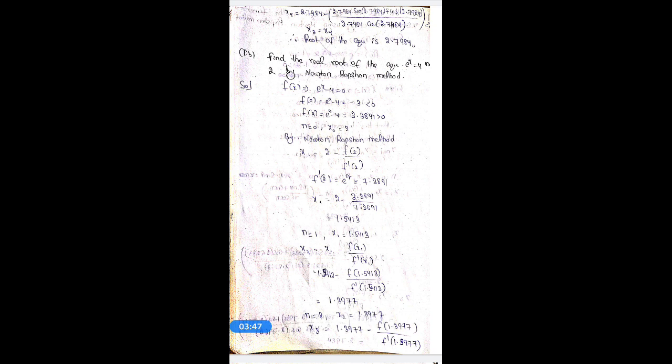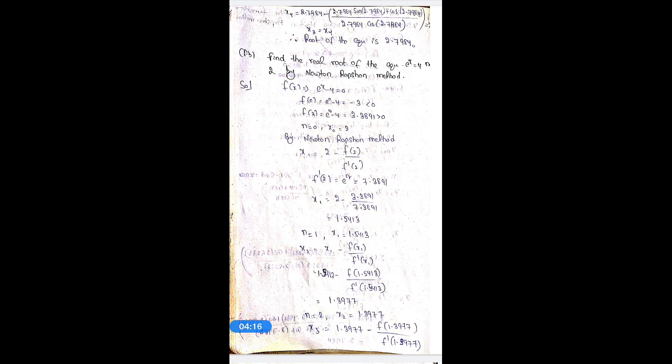What is f(2)? e^2 - 4. What is f'(2)? e^2. f'(2) is equal to 7.3891. f(2) is equal to 3.3891.